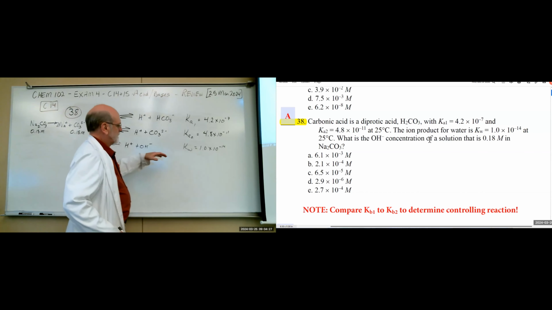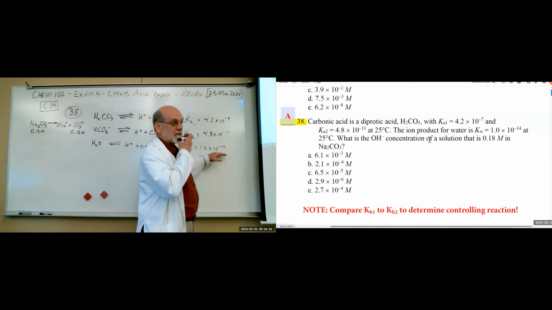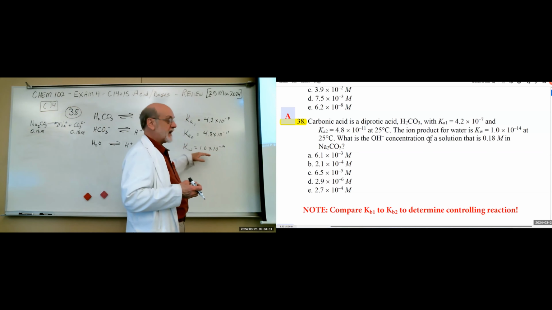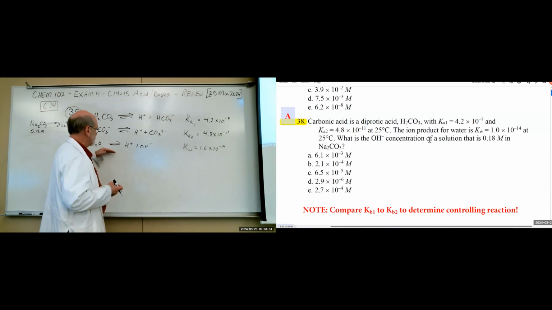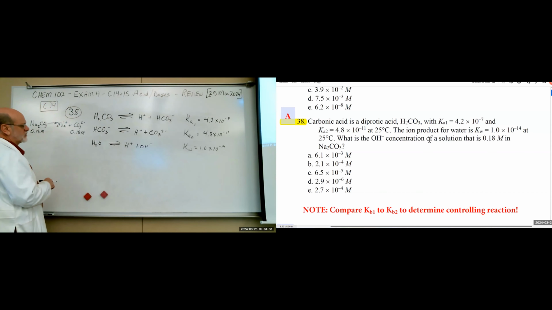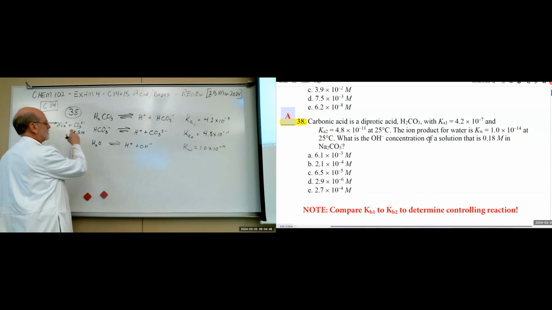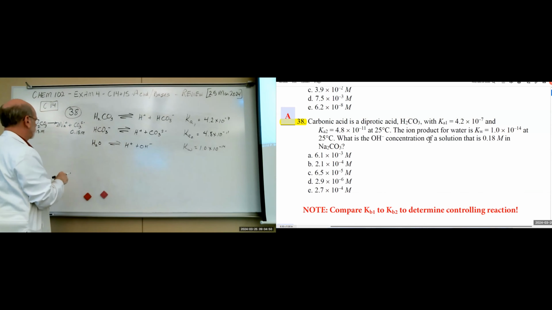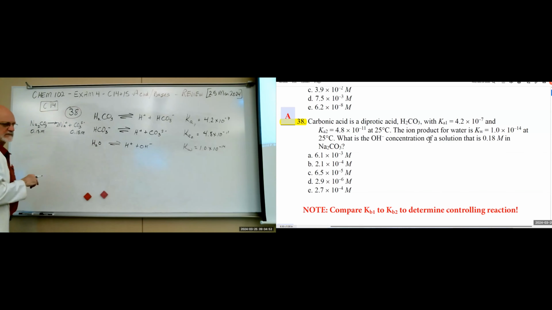And 10 to the minus 14 is the Ka for water, which means what effect is water going to have? Well, actually what we need to do is determine this concentration. I think that's where I'm headed. Let me be sure.